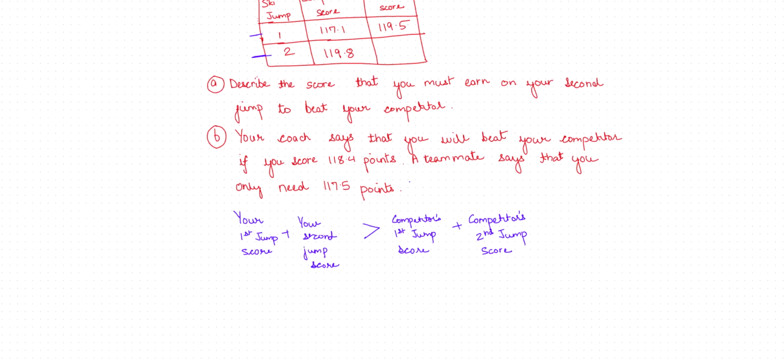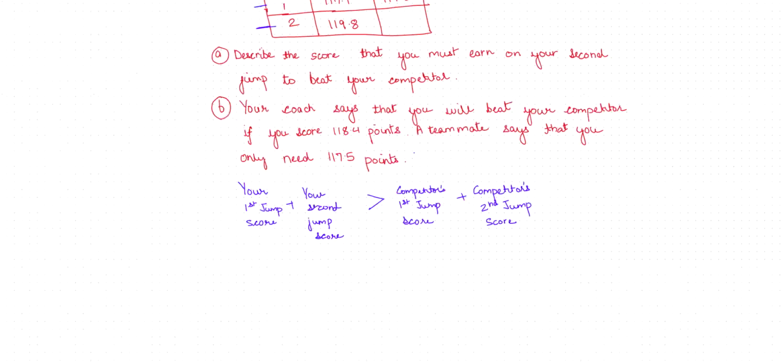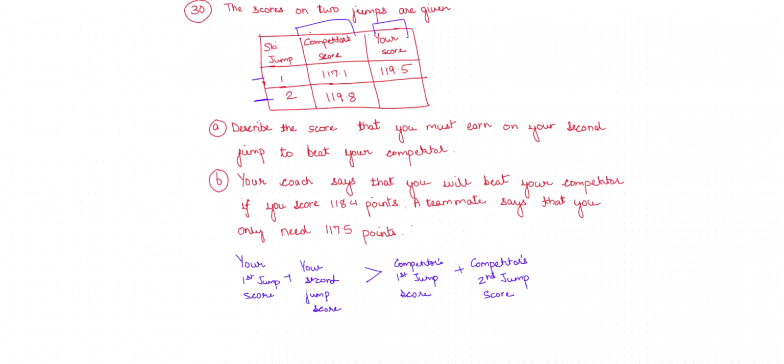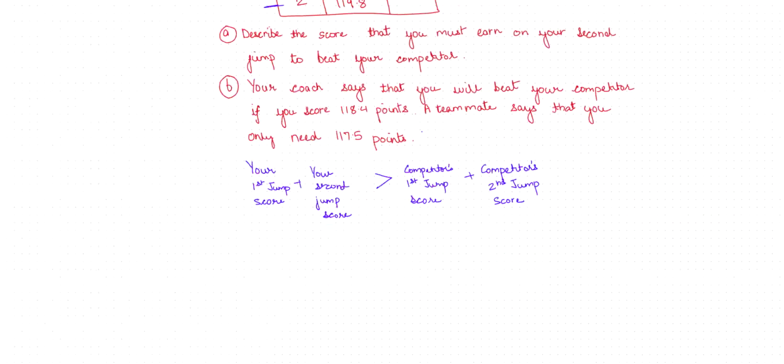So your first jump score is 119.5, and the second is S. The competitor's is 117.1 plus 119.8.